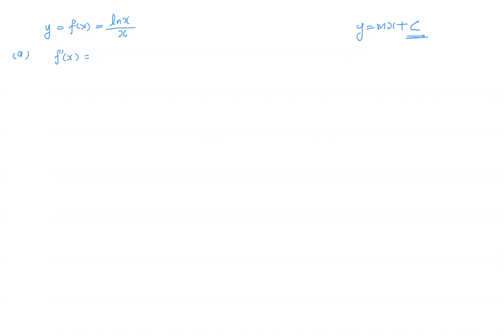So it is v u prime minus u v prime over bottom square. The bottom times the differentiation of the top, take away the top times the differentiation of the bottom, the whole thing divided by bottom square. So simplify. This step you have to do properly.